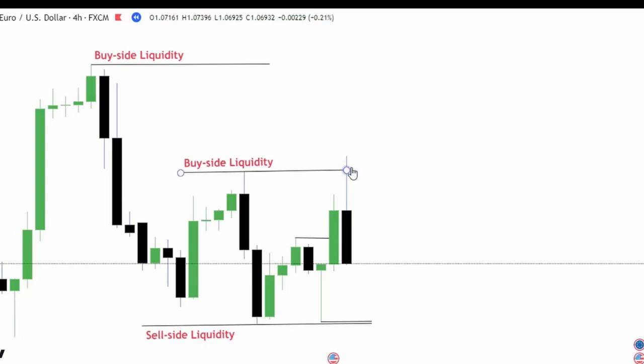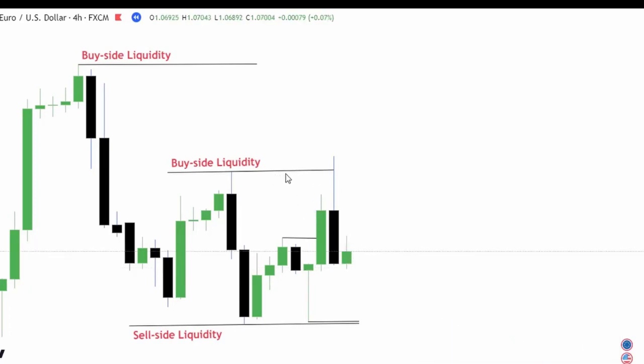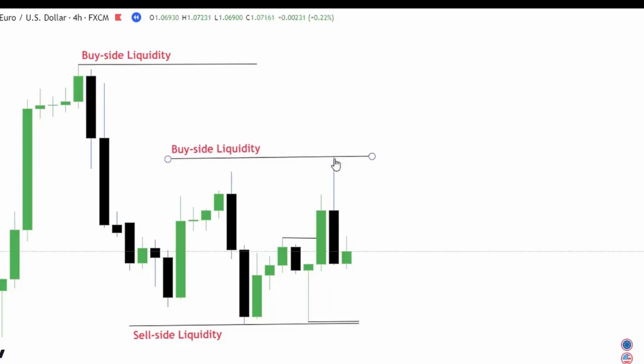Why? Because we only have a high but no lower high to the right. If we continue playing, then you get a lower high right now, and we can easily move our swing high to be on this point.